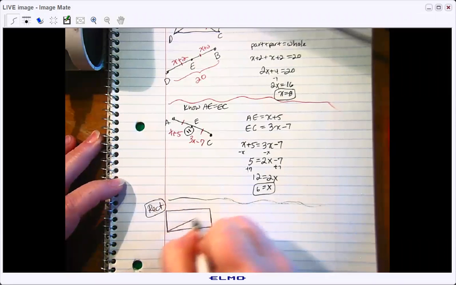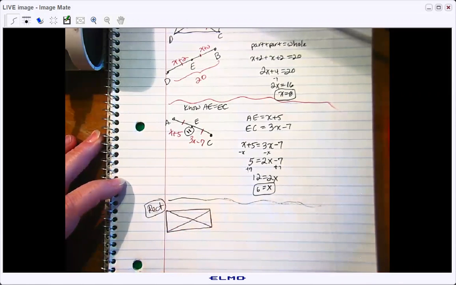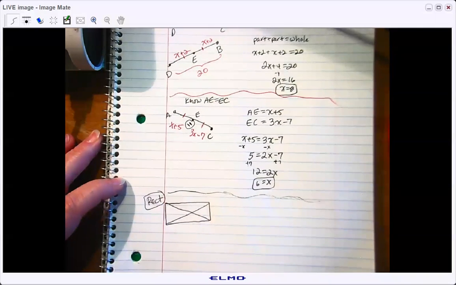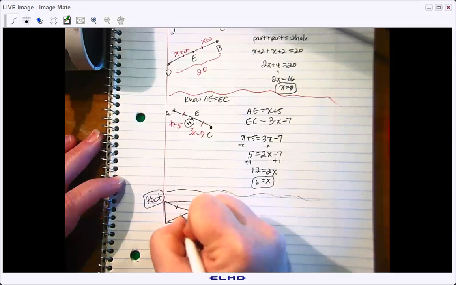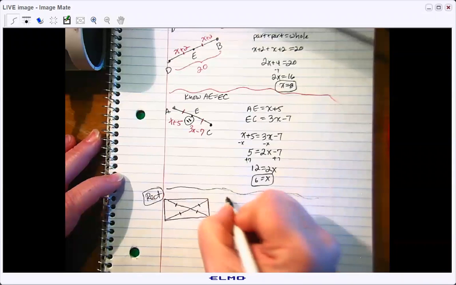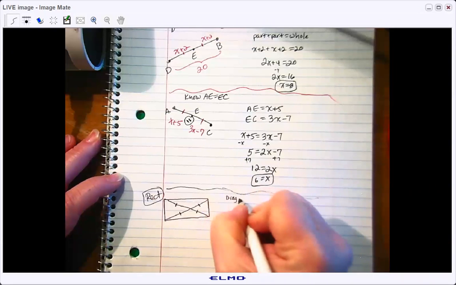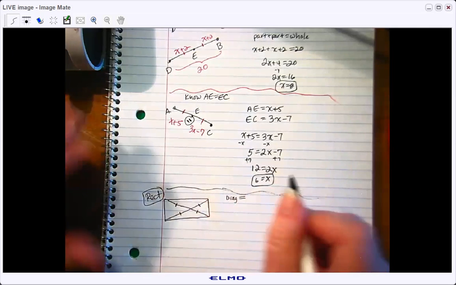And in these, the diagonals still bisect each other, but because it's a rectangle, not only do they bisect, but the diagonals are also equal to each other. So the diagonals are equal in a rectangle.